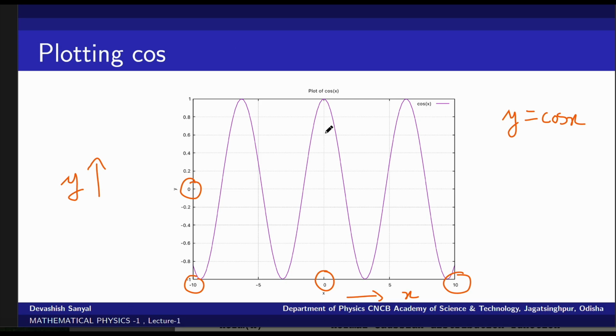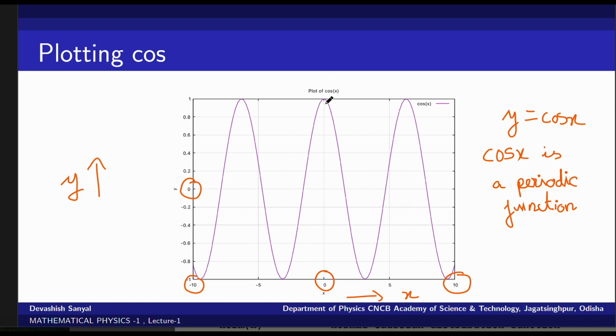Okay, and for cos x also, just like sine, cos x is a periodic function. Whatever argument I gave in the case of sine, the same thing is valid for cos also.